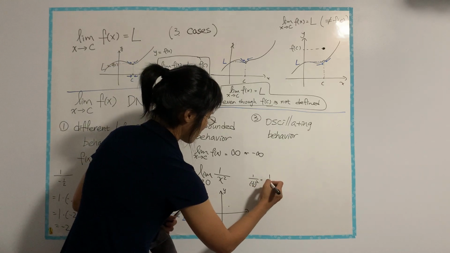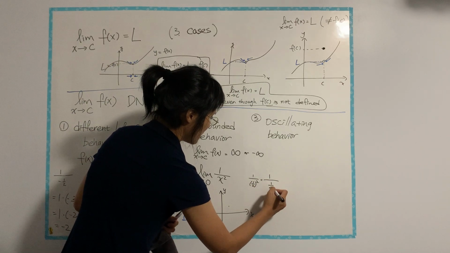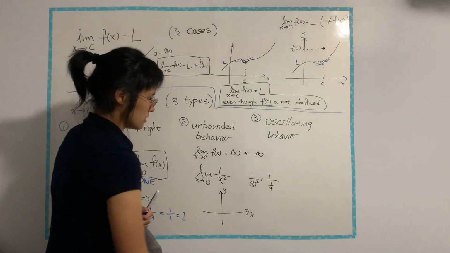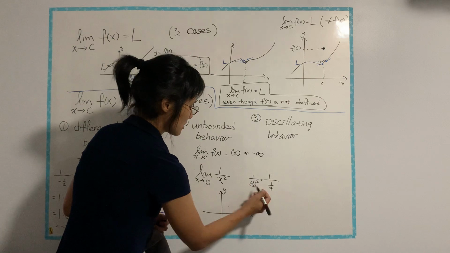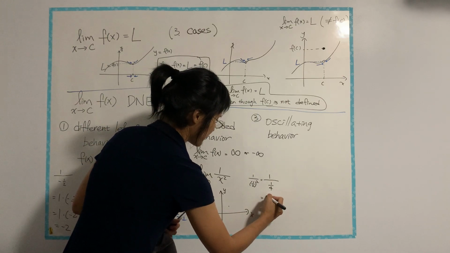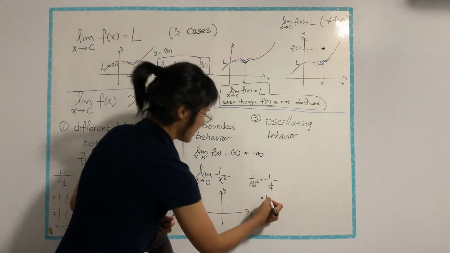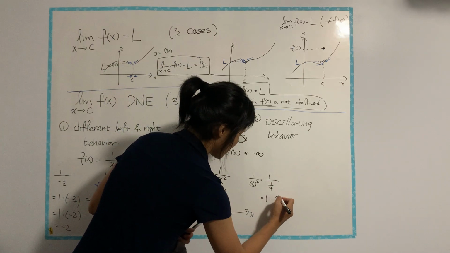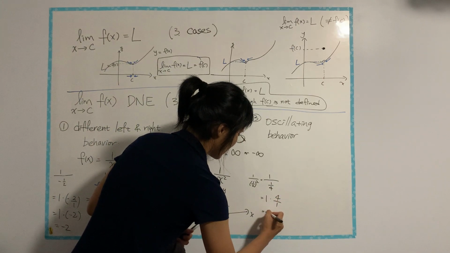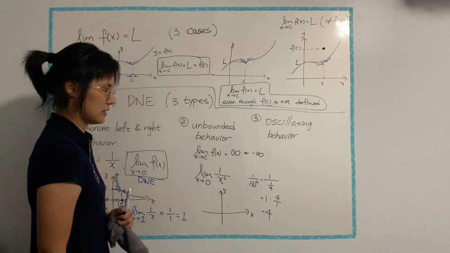What's that? It's 1 over 1/4. When I have a fraction downstairs, what I do is take the numerator times the reciprocal of the denominator. So that's 4 over 1. So I get 4.